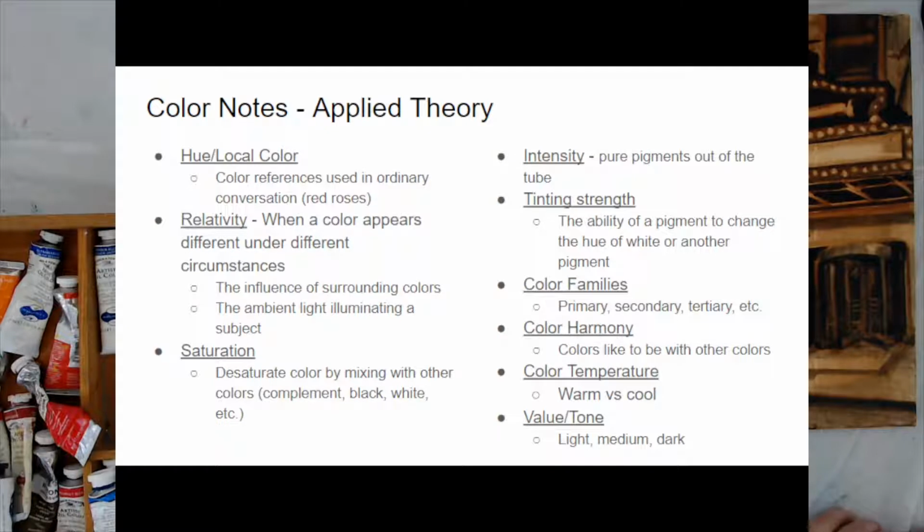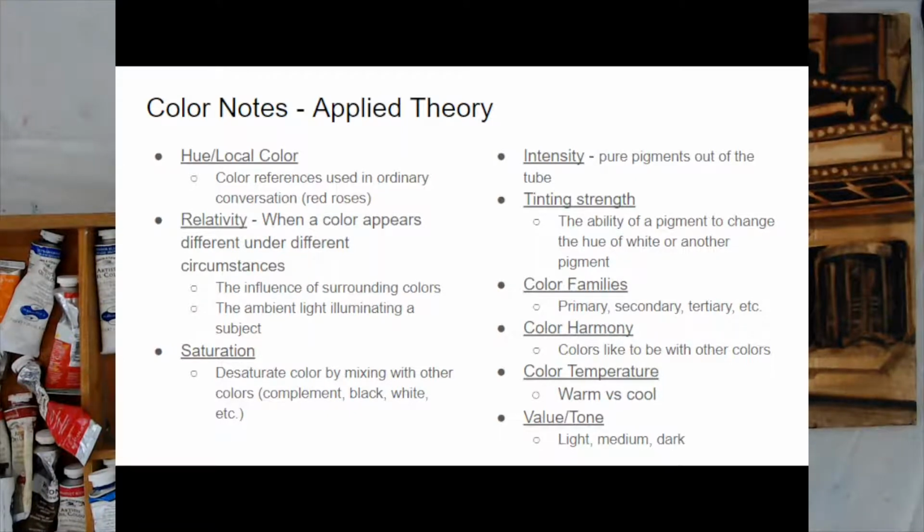Relativity is when a color appears different under different circumstances. Like the same color might look like a different color if it's surrounded by a different color, or according to the color of the ambient light illuminating a subject. That can also change the way a color appears.